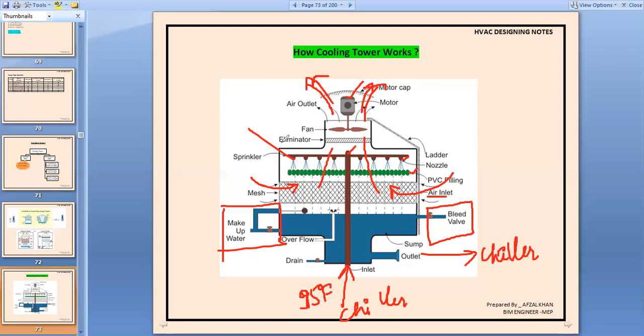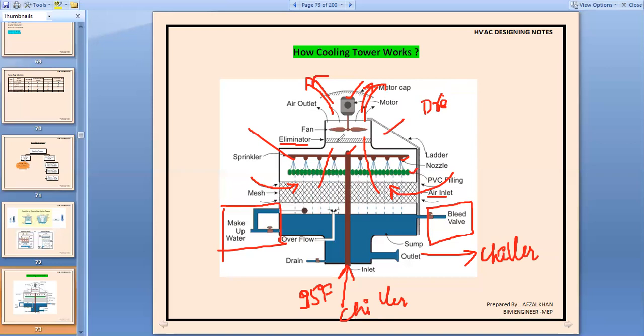Now one thing you see, this is the eliminator, sometimes called a drift eliminator. Why is this required? When the air is blowing across the top of this cooling tower, it will have some amount of moisture, water vapors, inside.